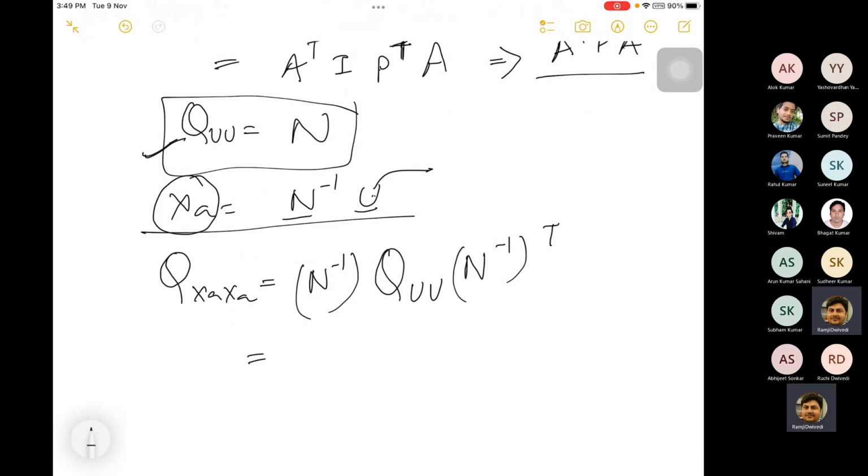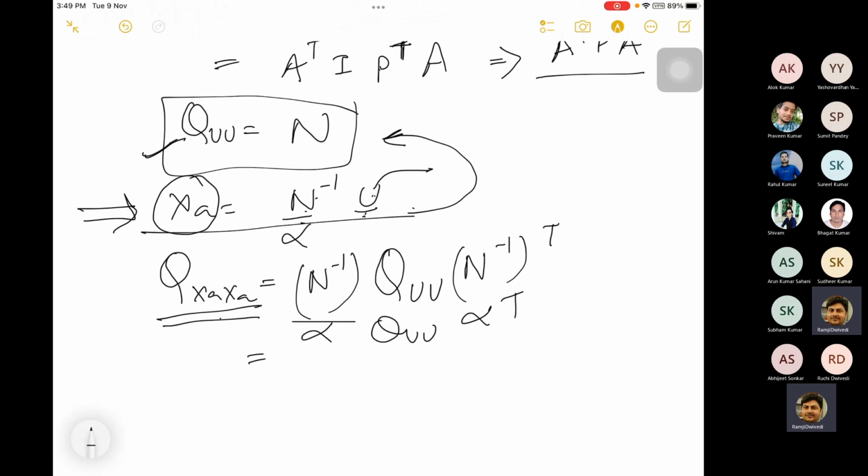Let me just tell you once again that we know XA is written as N inverse U. We know that N is constant. U is having variability, which we have just estimated. Now, if you have to write QXA, how can it be written? QXA is alpha QUU alpha transpose, that we have written.